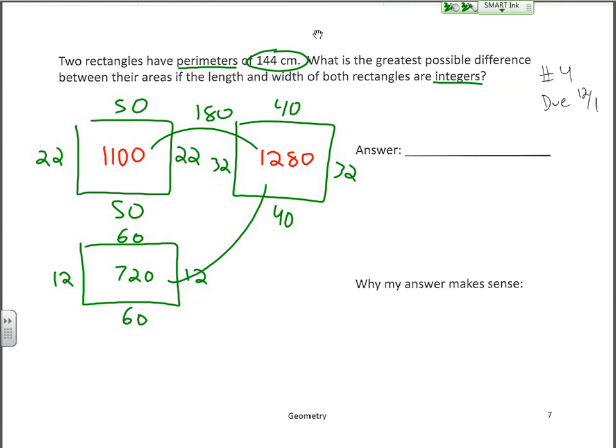The difference between 1280 and 720 is 560. So it seems like increasing that length from 50 to 60 made the difference of their areas greater.